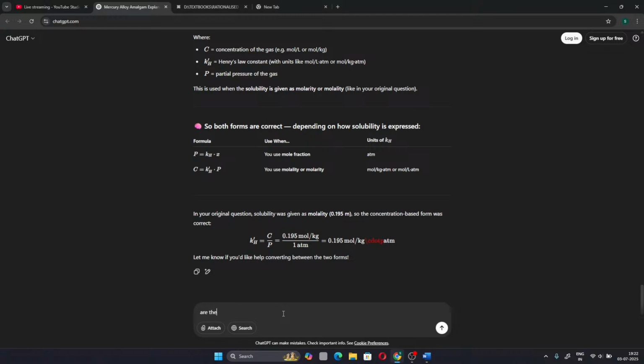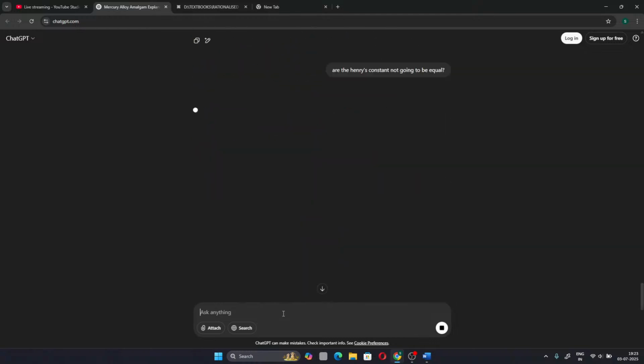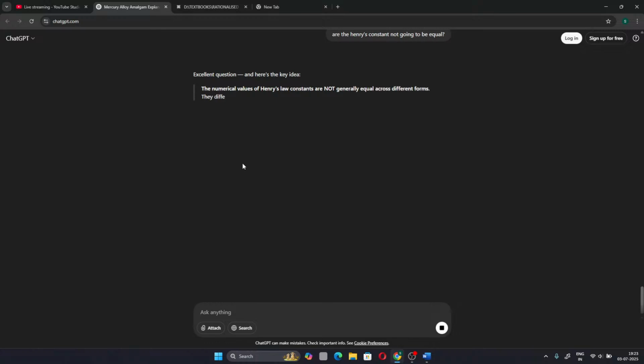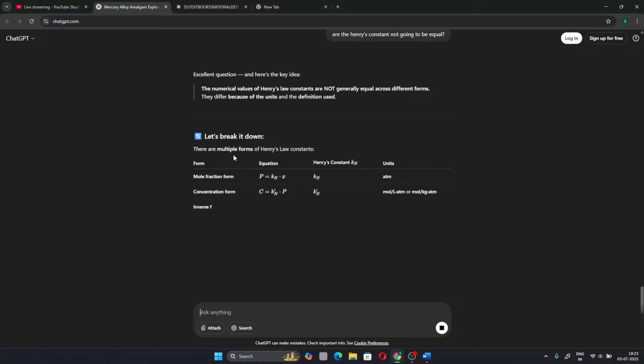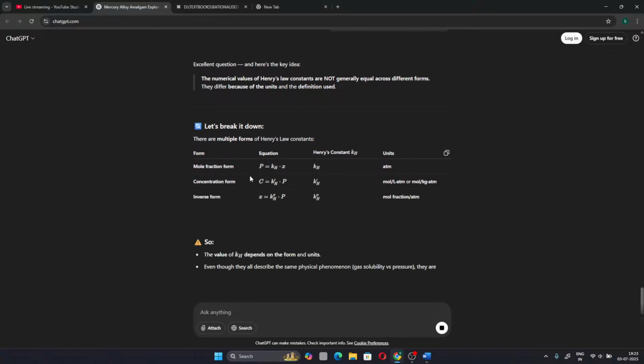I know that the KH values are changing, but just in case. Fine.